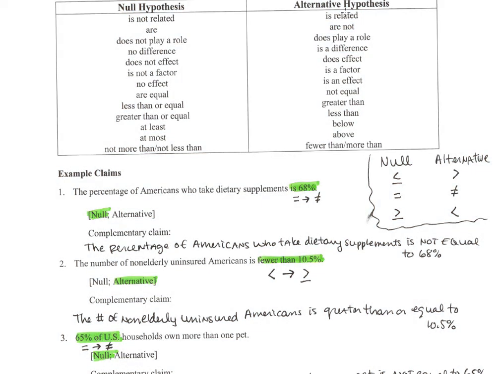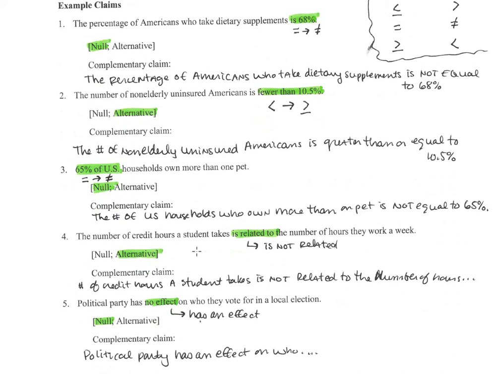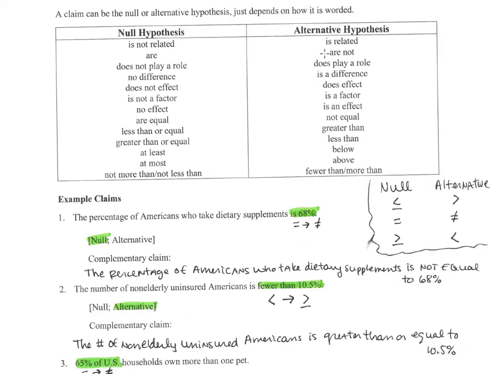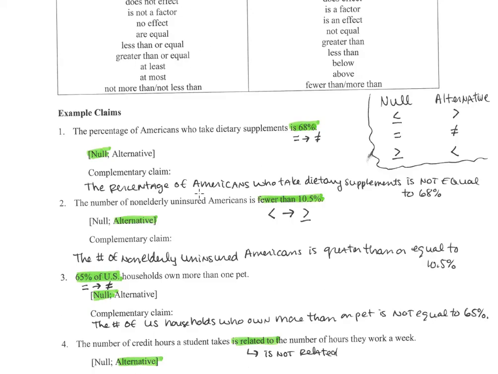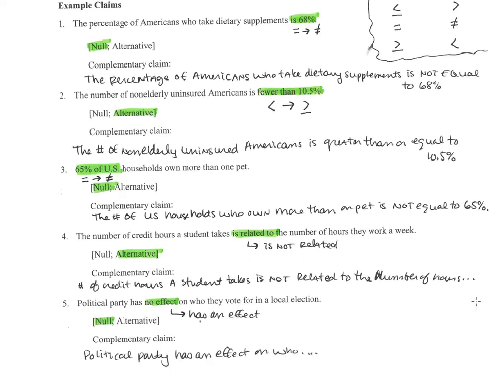Then go straight across, and sorry, I know they don't line up, the complementary, if that is the null, is that it's not related. So it is an alternative because remember, up here is related. The complementary would be that the number of credit hours a student takes is not related to the number of hours they work a week.